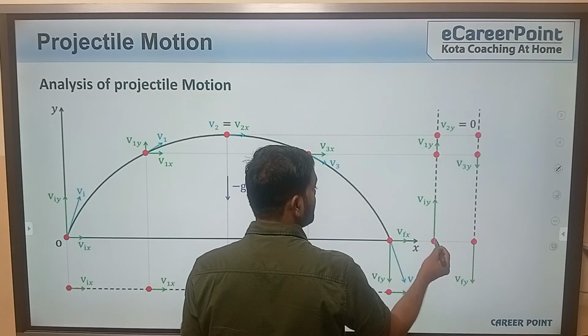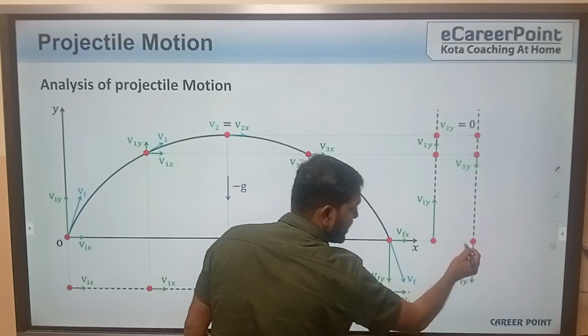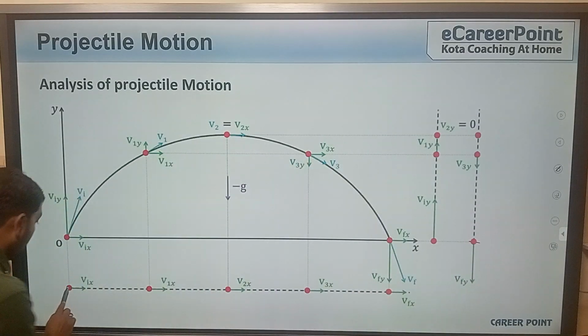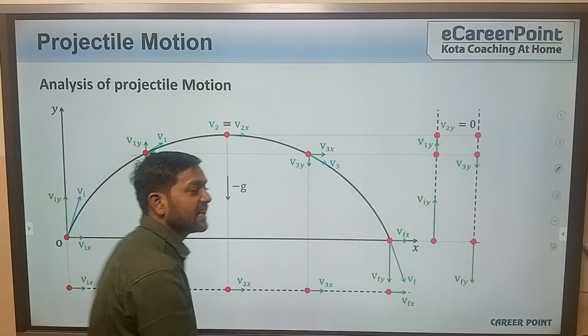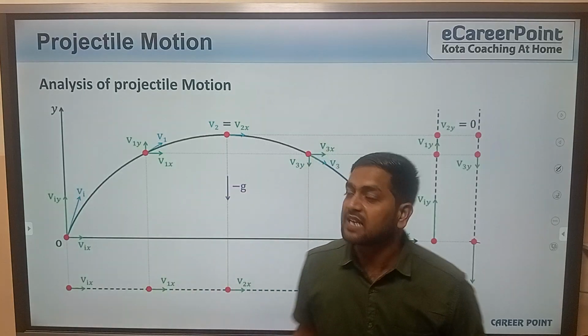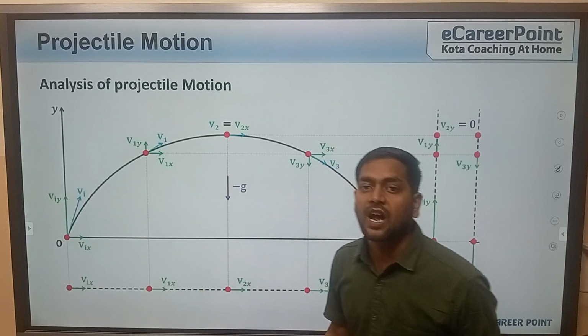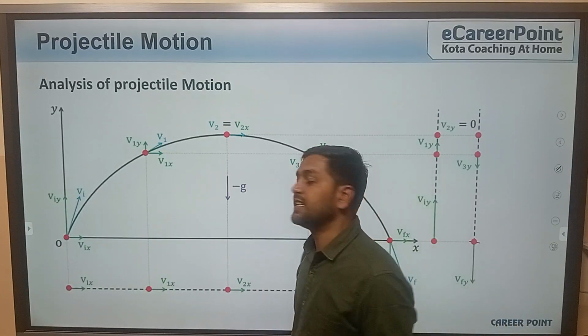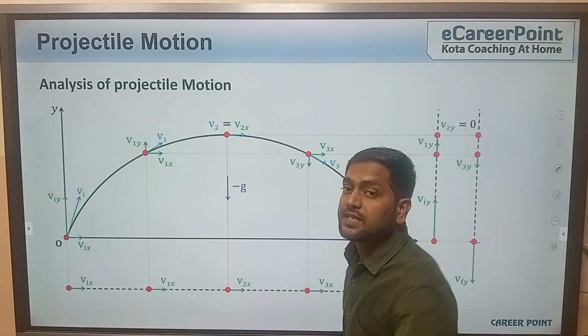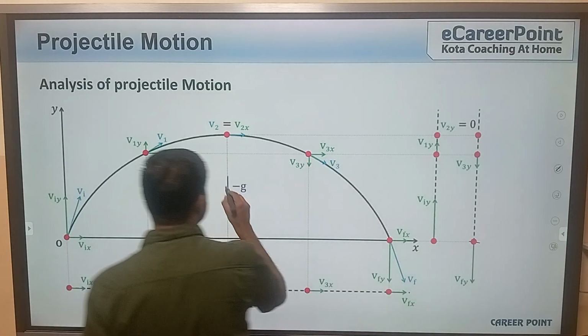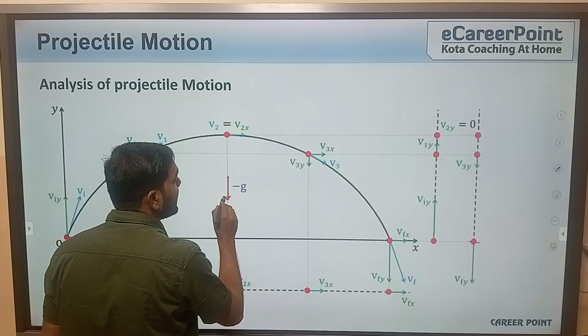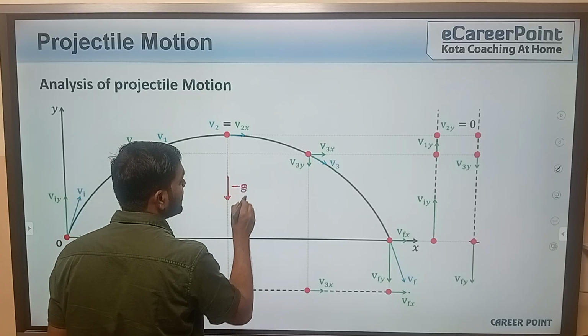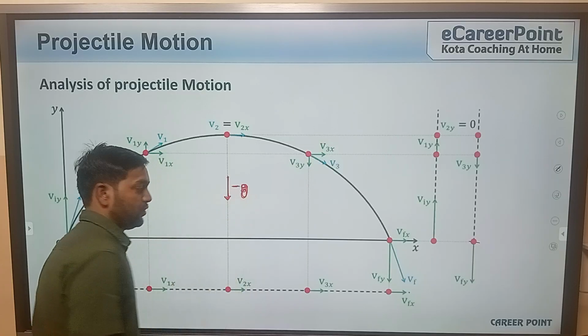This object is moving upwards and coming back to the same position. Along the x-axis we are having the displacement, but in the vertical direction we do not have the displacement. So the displacement along the vertical is 0, and the gravitational acceleration is always towards the downwards. That means we are going to get the negative g.